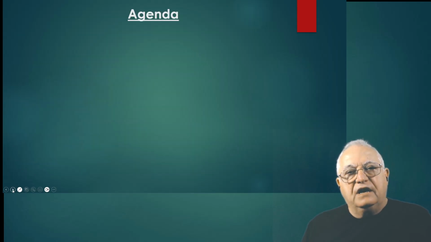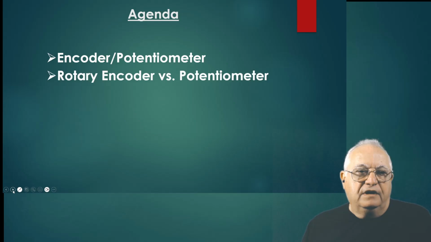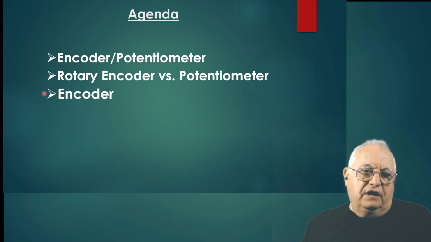So the agenda for today. I'm going to talk about encoder and potentiometer. Then I'm going to show the differences between one and the other. After that, I'm just going to talk about the encoder.